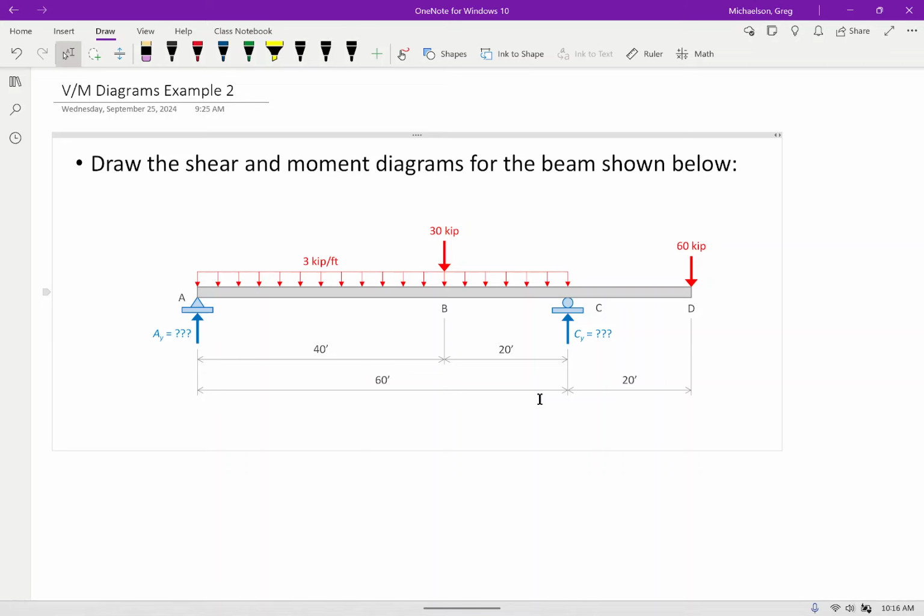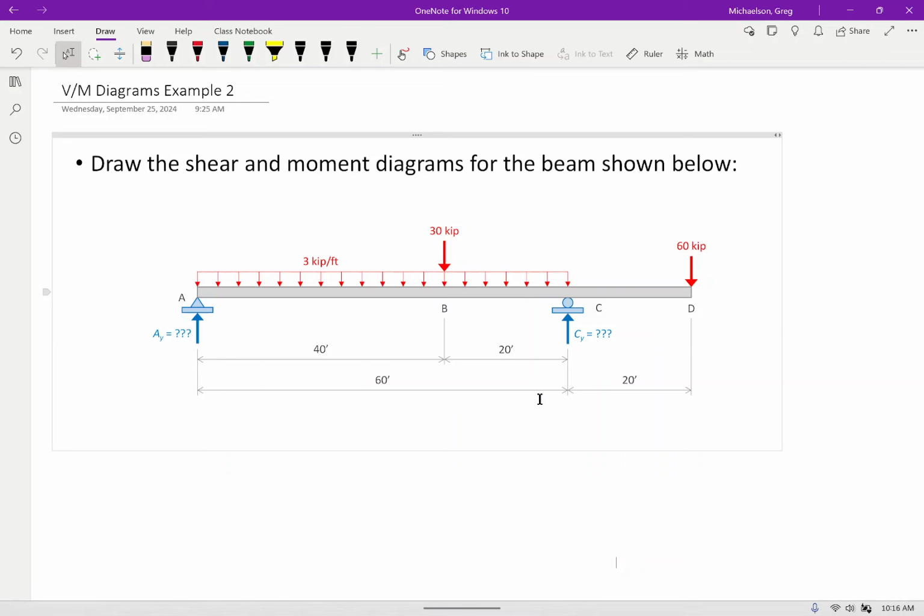I want to go through the exercise of doing that. And I've thrown distributed loads and point loads on the problem. So basically taking what we did last time and ratcheting it up just a little bit.